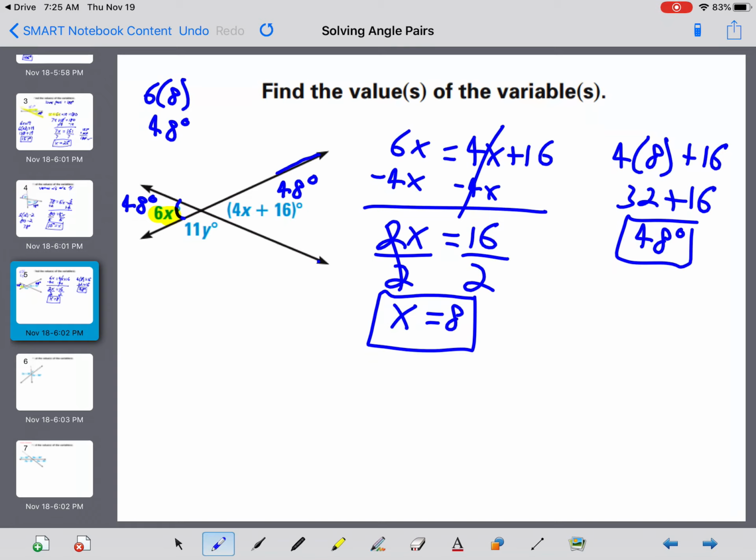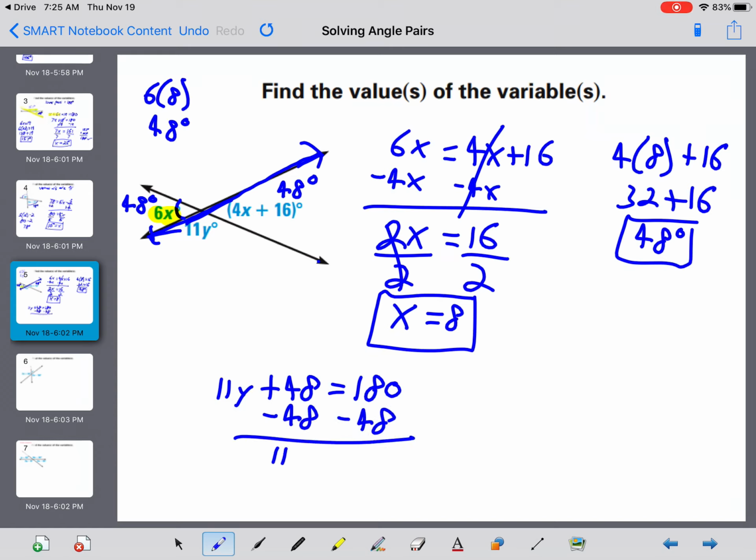Now, in order to solve for 11y, we have a linear pair here. So we're going to say 11y plus 48 degrees is equal to 180 degrees. Subtract 48 on both sides, and 11y equals 180 minus 48, which is 132.